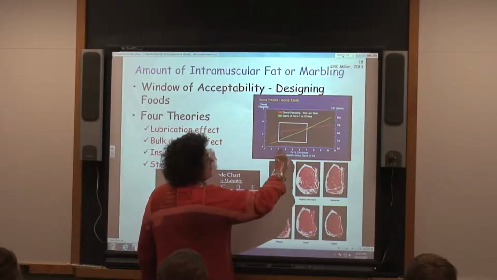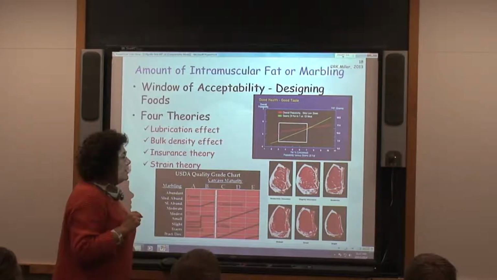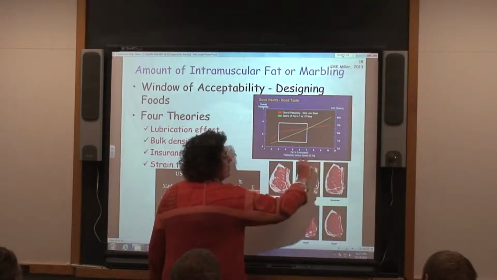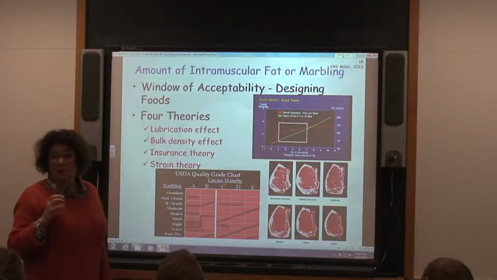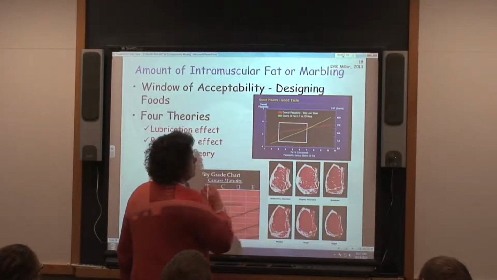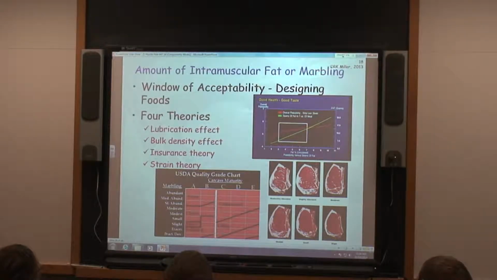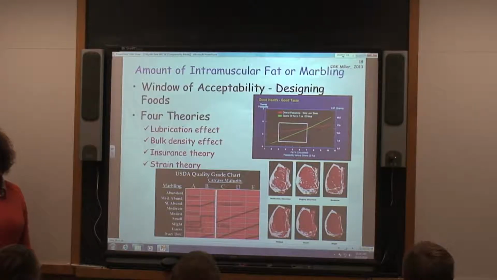And so I gave you chemical lipid because that relates to this green line here. We know that as the percent chemical lipid inside the muscle, or intramuscular fat, increases, overall palatability increases. On these particular data, that was rated on a 1 to 8 point scale, with 1 being extremely tough, extremely dry, and extremely bland, and 8 being extremely juicy, tender, and flavorful.